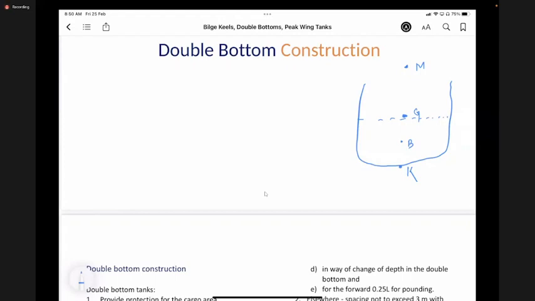So similarly, when this ship is going to roll, basically this M point stays constant. This M is like the pivot point, and that is called the metacenter.